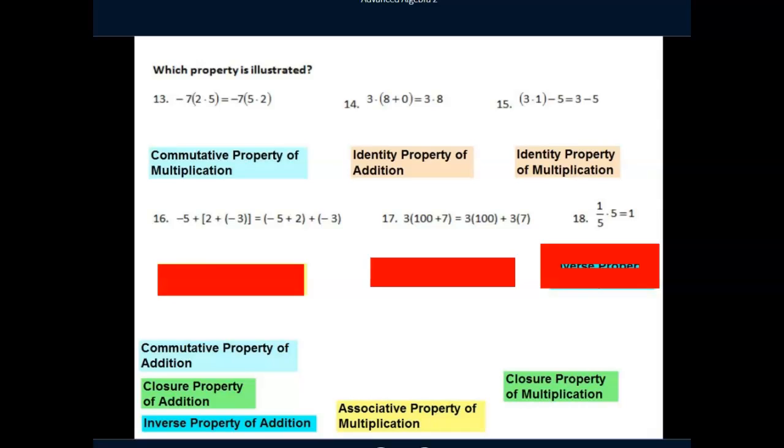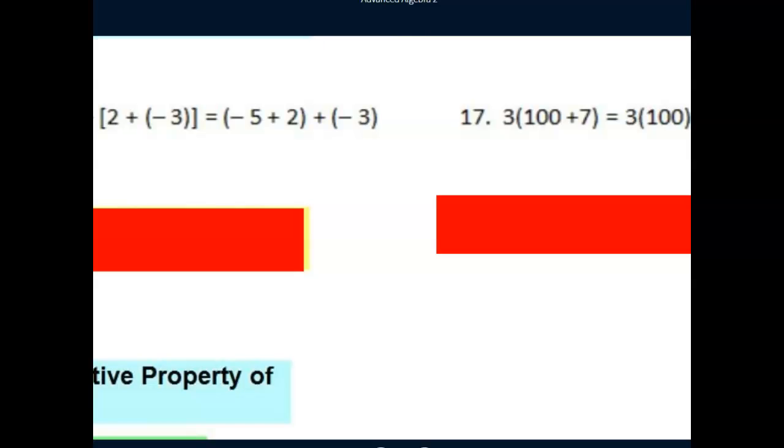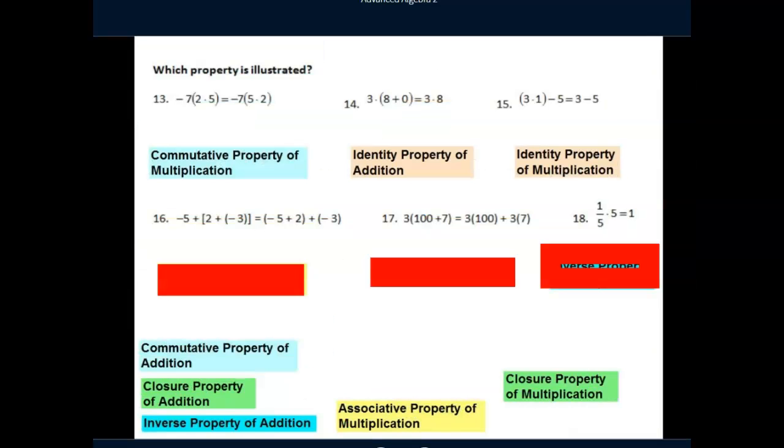In 16, you need to notice how the grouping changes. The operations are addition. So if the grouping changes and we are adding, then that makes this the associative of addition.